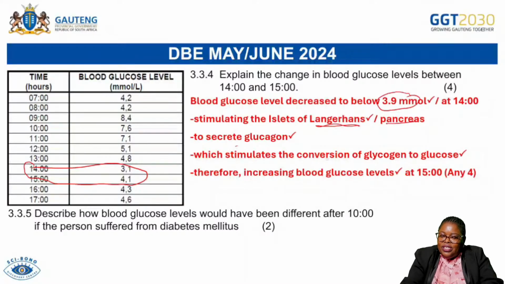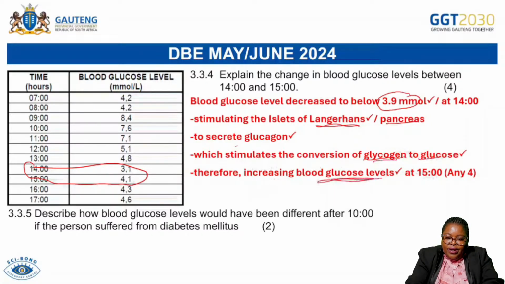Glucagon, which stimulates the conversion of glycogen to glucose. This is basically negative feedback, therefore increasing the blood glucose level.